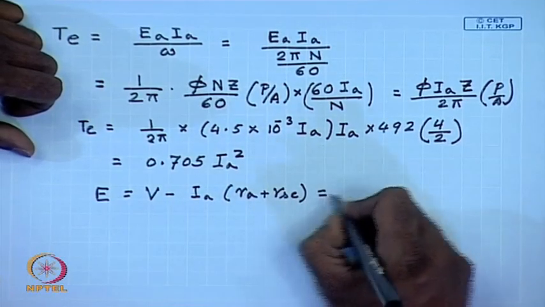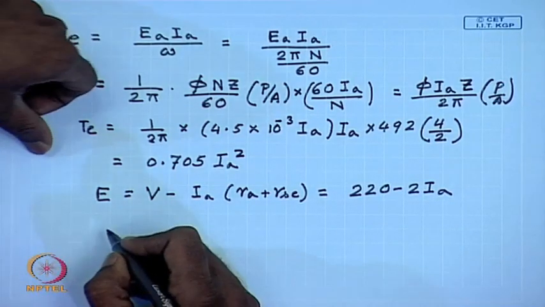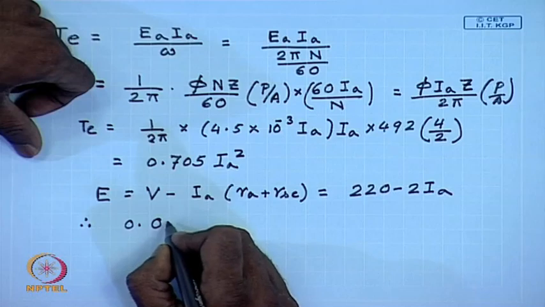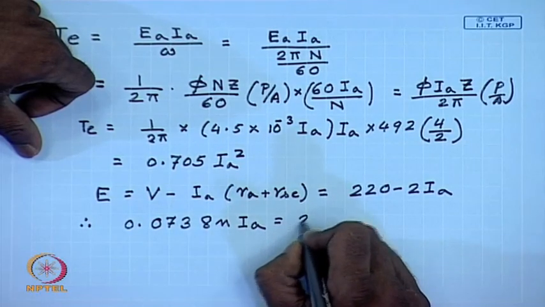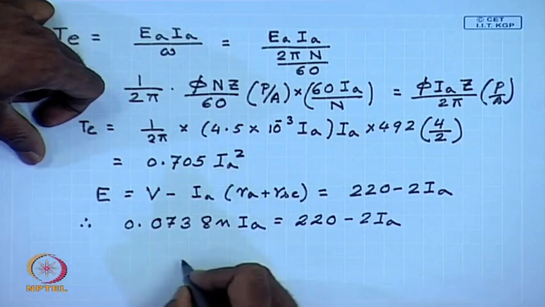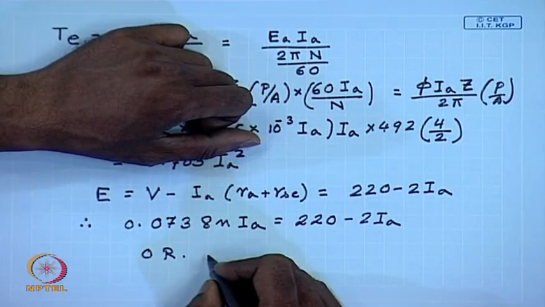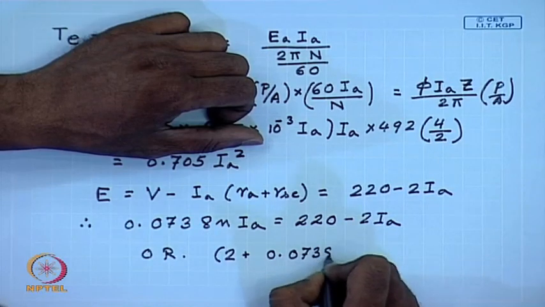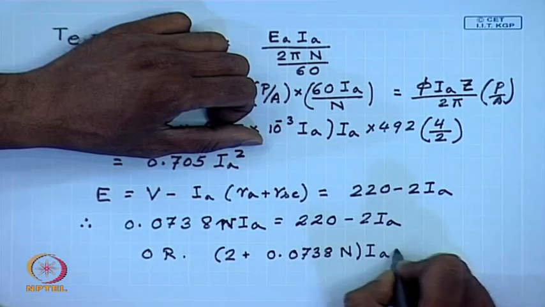From the given data, this comes to 220 minus 2 IA. Therefore, 0.0738 n IA equal to 220 minus 2 IA, or 2 plus 0.0738 n into IA equal to 220.